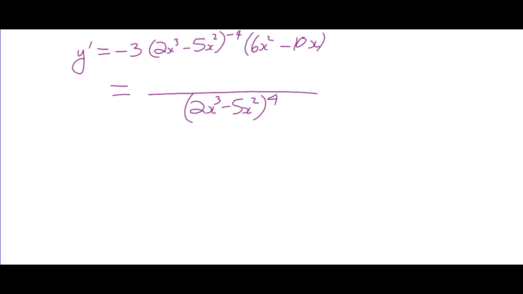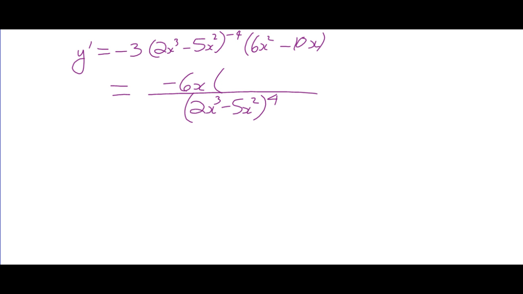So up top, we have negative 3 and 6x squared minus 10x, but there's a common factor for 6x squared and 10x, right? Which is what? 2x. So we're going to pull a 2x out of here and multiply it by negative 3. That's going to give us a negative 6x, and then what's left?